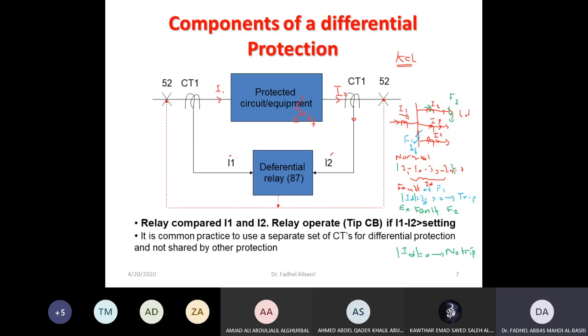Now we have some equipment that has more than 2 terminals. In this case, I have 3 terminals, and each terminal represents 3 phases also. So I'm comparing phase A with phase A with phase A, by KCL, phase B with all the phase B units, and so forth.